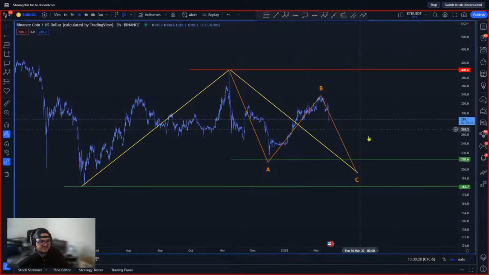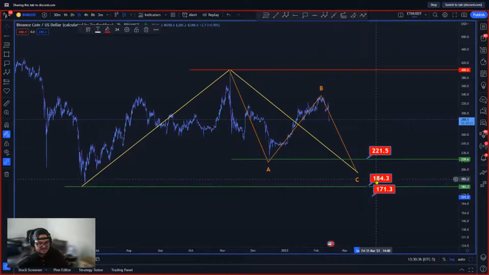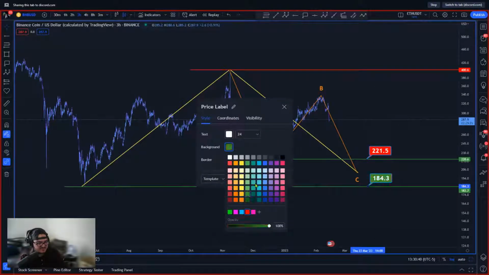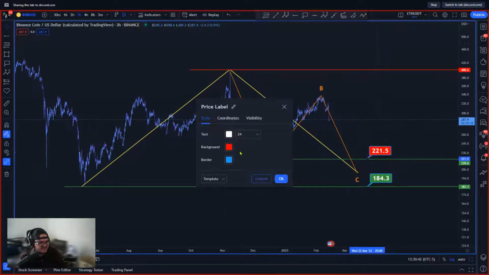That's pretty much the main scenarios for BNB. I'll look at a smaller time frame to see if we can figure out a way to handle either scenario.